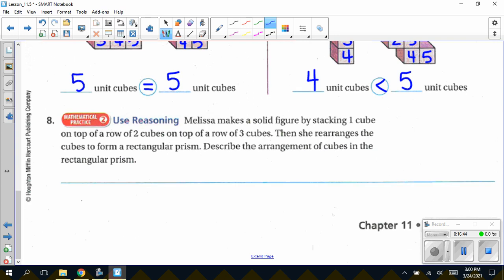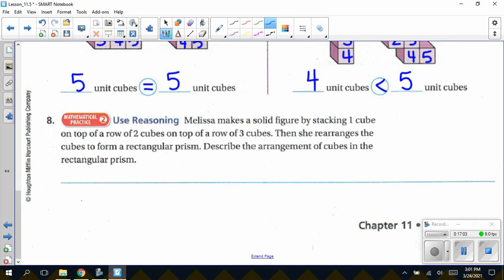For question number 8, it says Melissa makes a solid figure by stacking 1 cube on top of a row of 2 cubes on top of a row of 3 cubes. Then she rearranges the cubes to form a rectangular prism. Describe the arrangement of cubes in the rectangular prism.